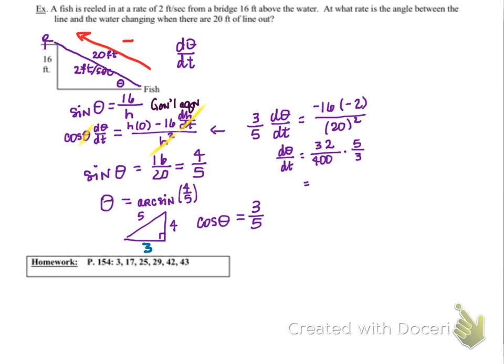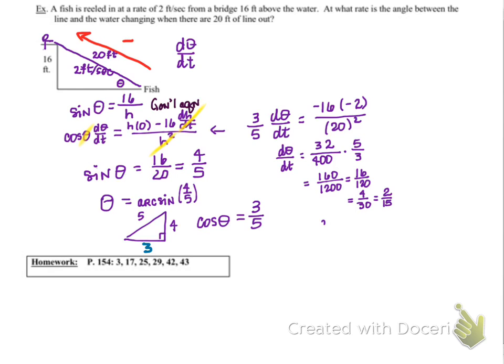So this is 160 over 1200. I'm going to be a lazy fraction simplifier. I'm going to divide both by 4, and divide both by 2. There we go, 2/15.